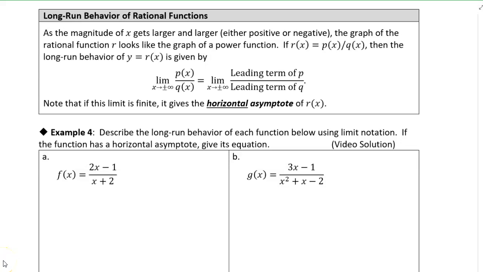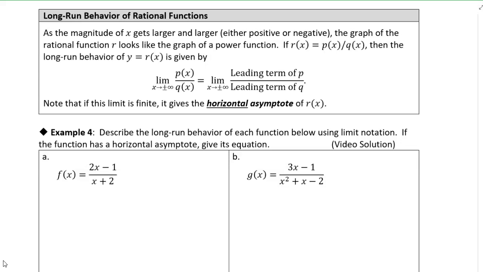All right, so as I said at the end of that last video, we can determine the long-run behavior of a rational function just by looking at the leading term of the polynomial in the numerator and the leading term in the polynomial in the denominator. Remember, the leading term is the term with the highest power of x.